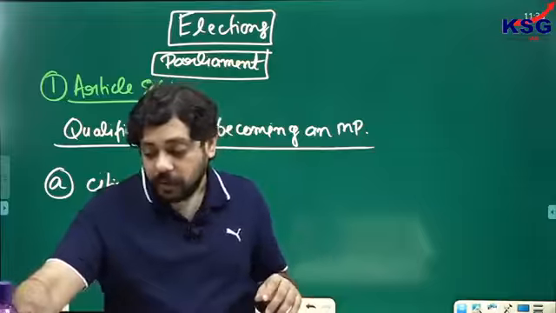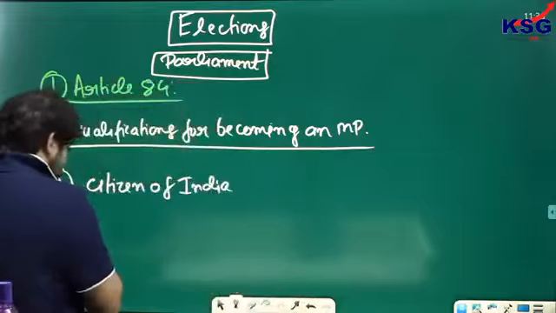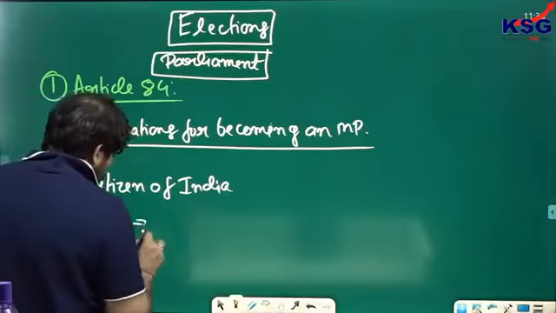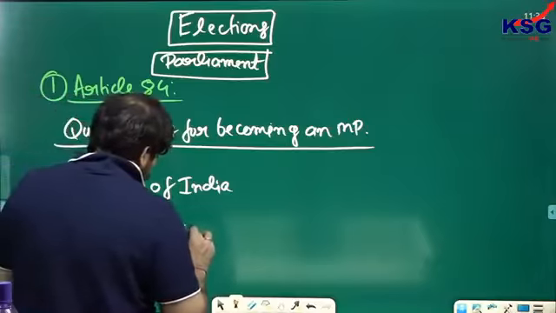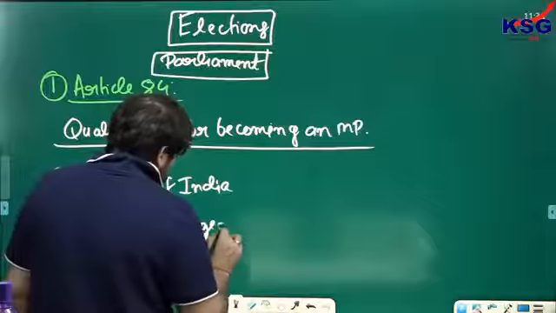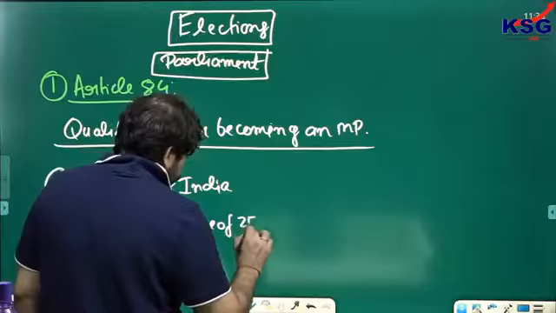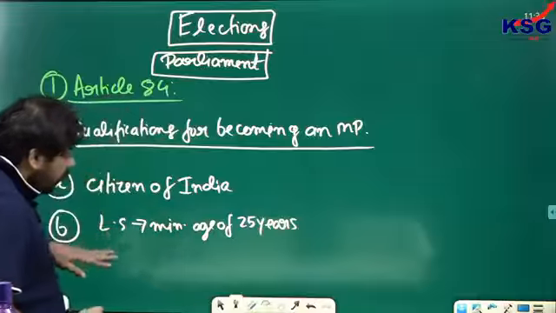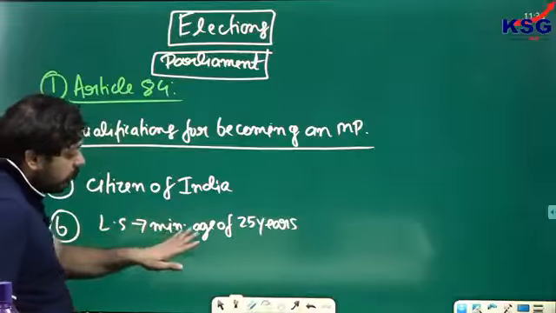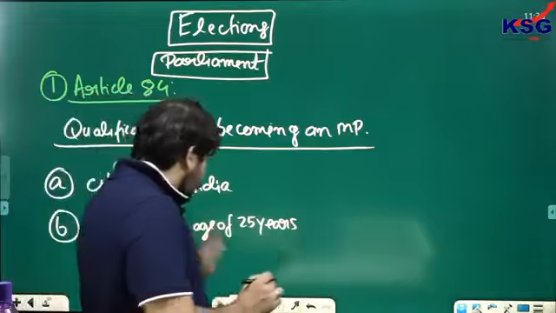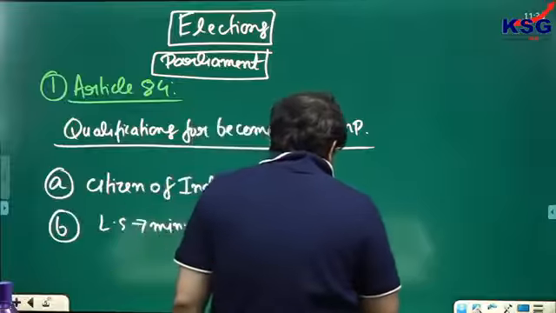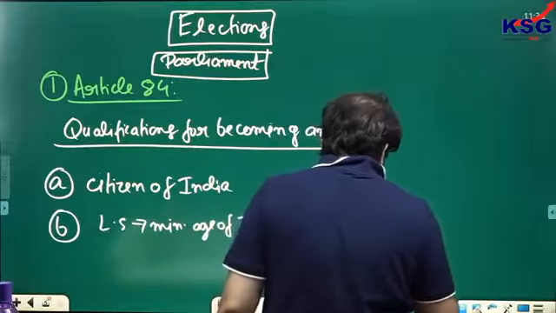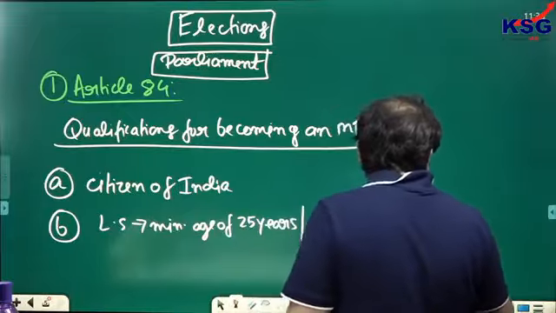Second part, whoever is trying to be a member of parliament from the Lok Sabha has to have a minimum age of 25 years. Whoever is trying to be a member of Rajya Sabha has to have a minimum age of 30 years.